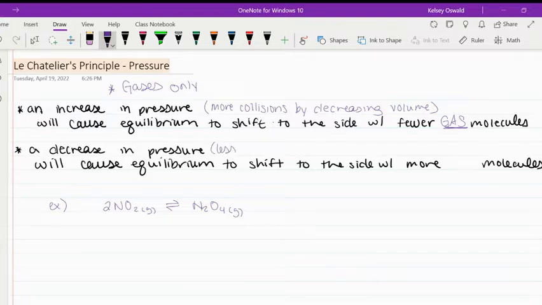There we can have fewer collisions caused by an increase in volume. Because remember, if we increase the volume, our particles have more space to move, so there are fewer collisions. To undo that change, our equilibrium is going to shift to the side with more gas molecules.